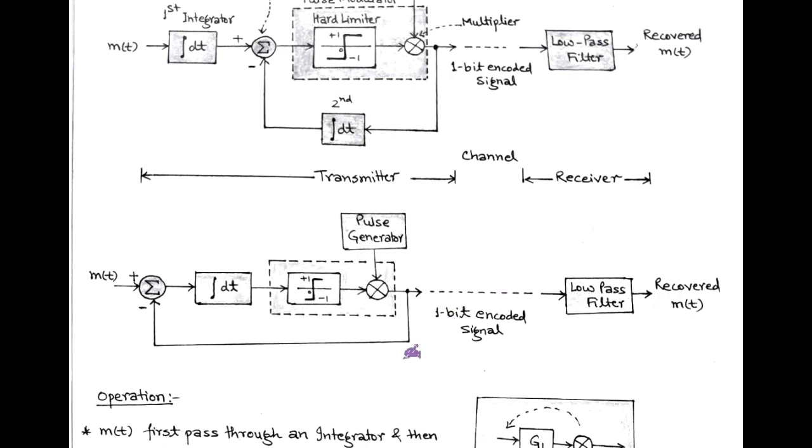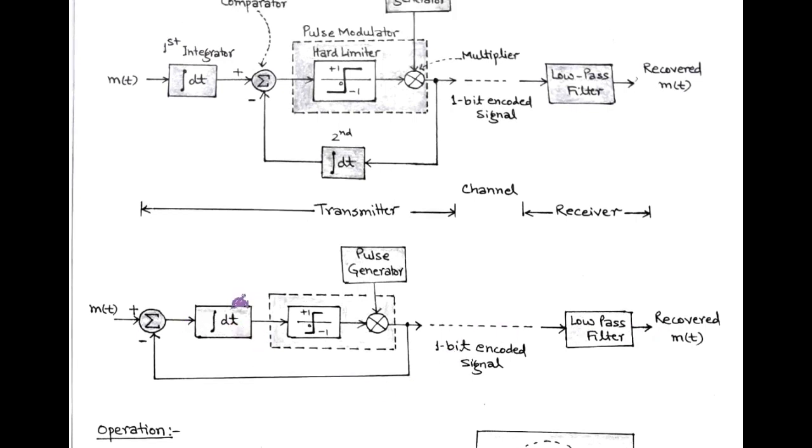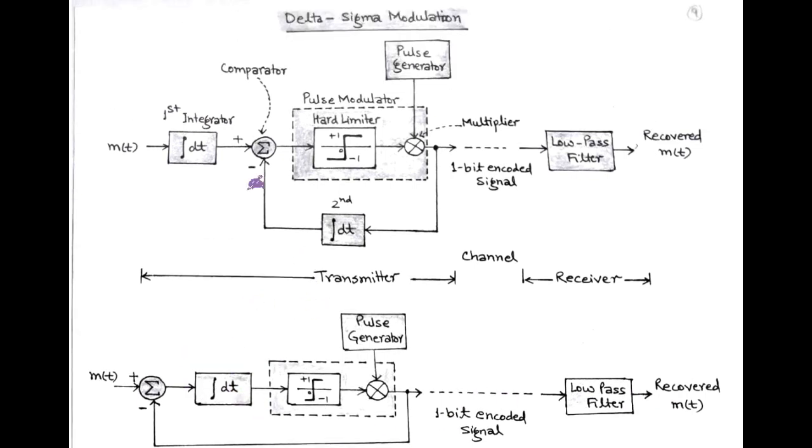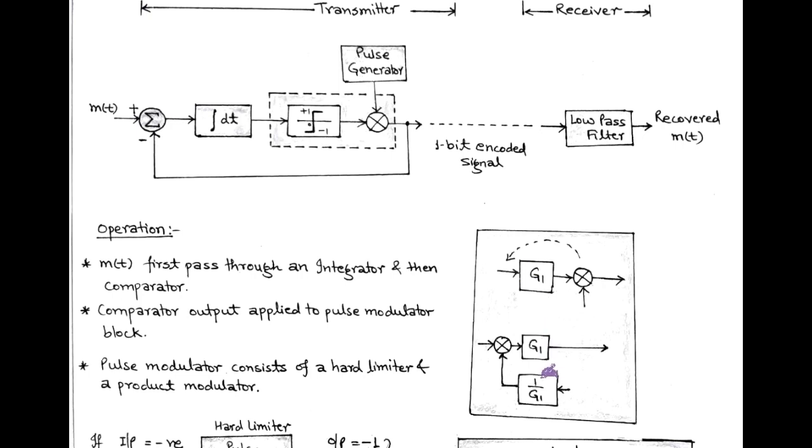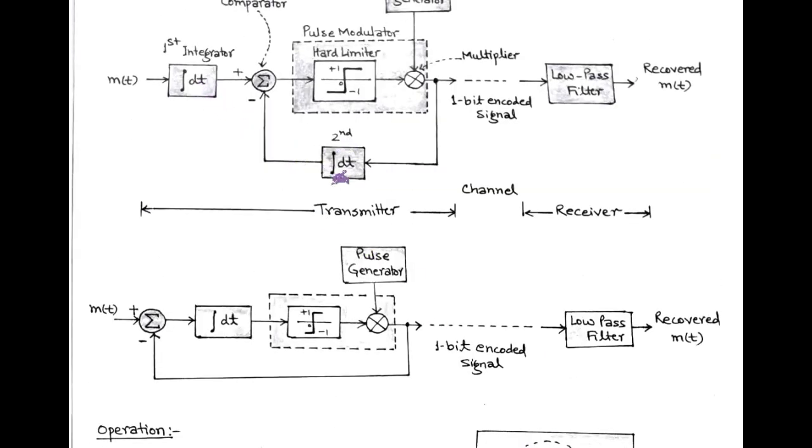This is shown in the second block diagram after reduction. Here the comparator is shifted toward the left of the first integrator. And there is a cancellation of both integrators, making a unity feedback. So there is no requirement of a differentiator at the receiver side.